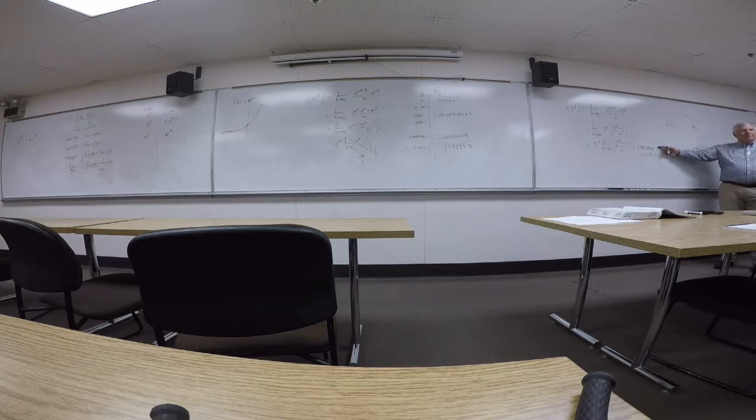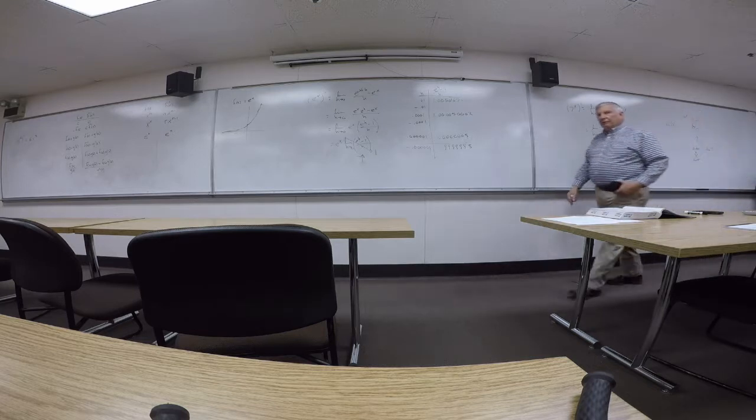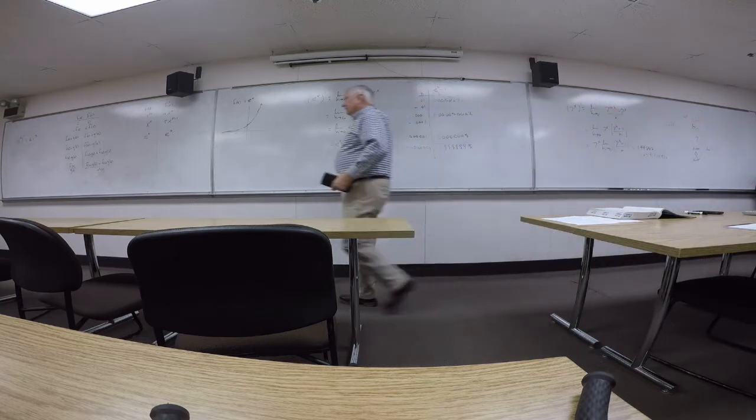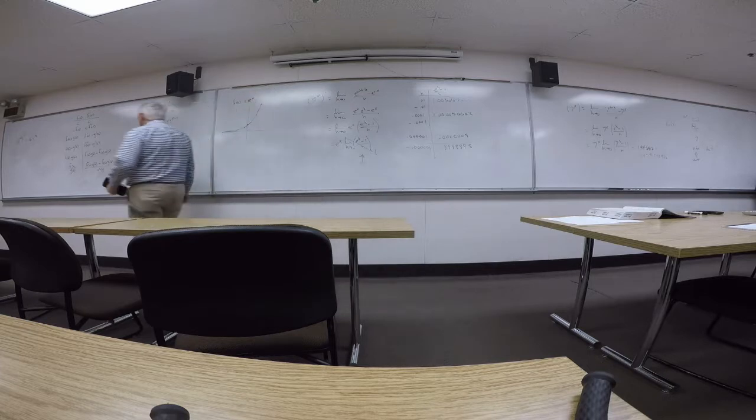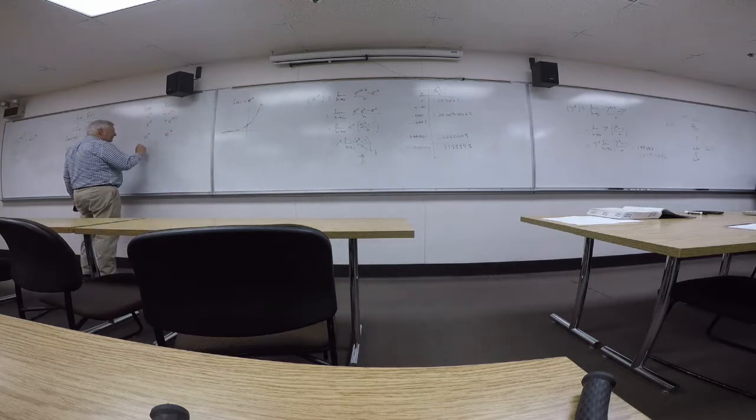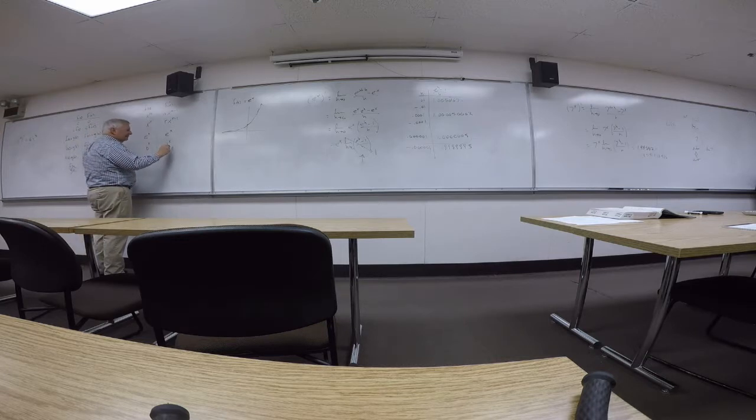So what do you think this limit is? Natural log of 7. So I'm going to add one more to the list where I have an exponential other than e to the x. The derivative of b to the x is b to the x times natural log of b.